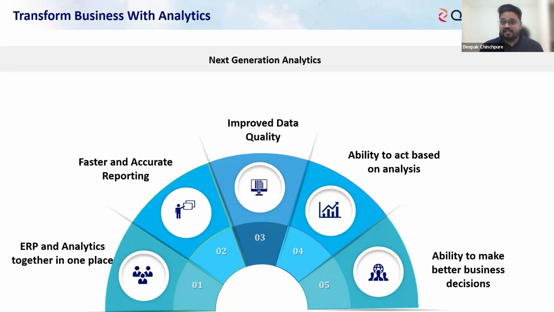Whereas we are getting the analytics and the BI within ERP itself, so you don't need to go to different places. Second point is faster and accurate reporting, because it is in one place. That means you don't have to waste your time going to different tools. It is well within the ERP system.